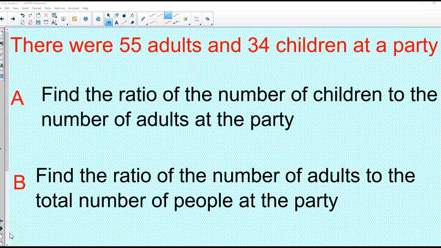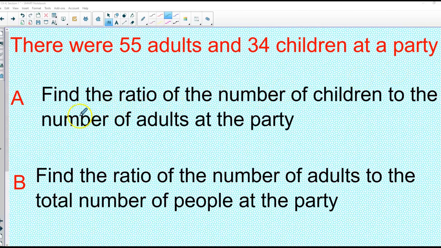Okay, so we had worked on writing ratios using pictures, but we should also be able to write a ratio from a situation. So let's look at the one in red up here. This one says there were 55 adults and 34 children at a party.